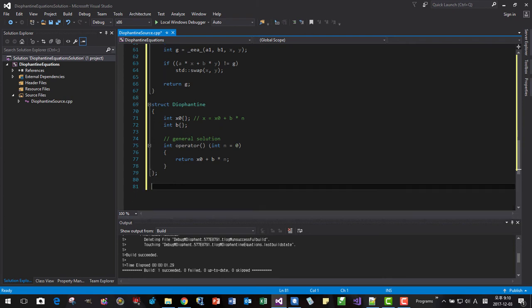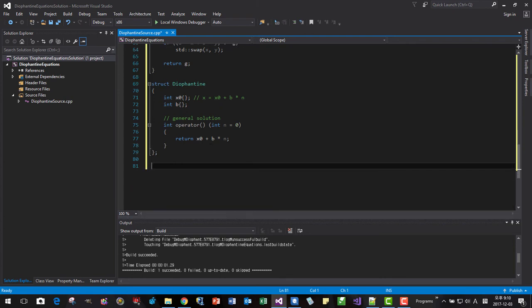Then here I will define the std::ostream operator, with std::ostream os and const Diophantine d.